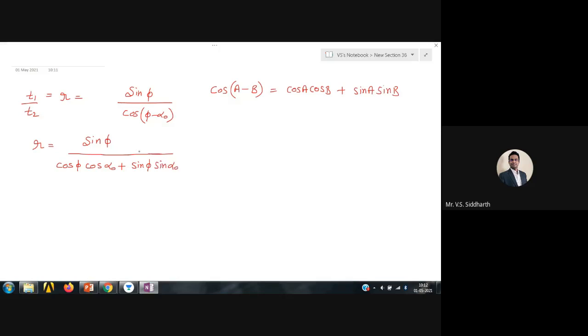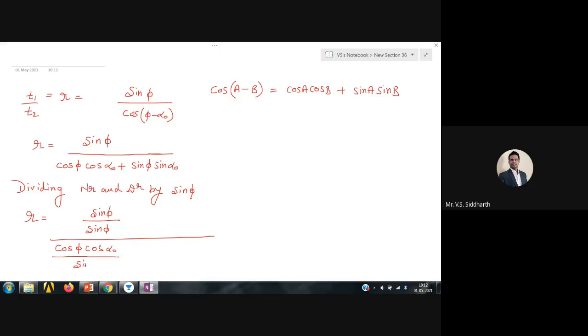Okay. Now what I am doing is dividing numerator and denominator by sin phi. So if I divide numerator and denominator by sin phi, this will be sin phi upon sin phi, whole divided by cos phi cos alpha naught divided by sin phi, plus sin phi sin alpha naught divided by sin phi. Okay.